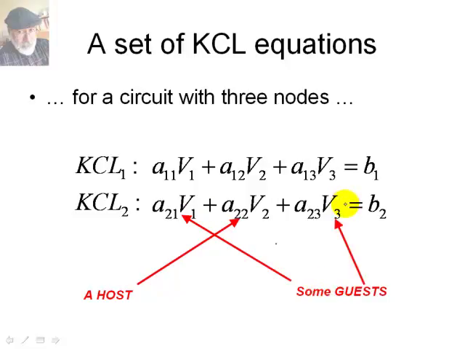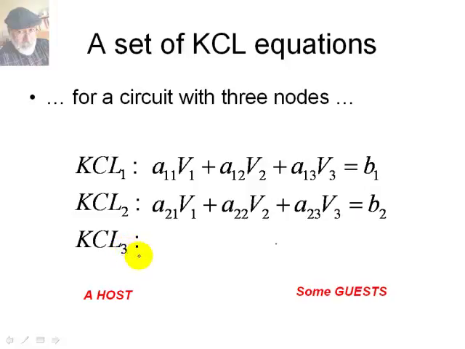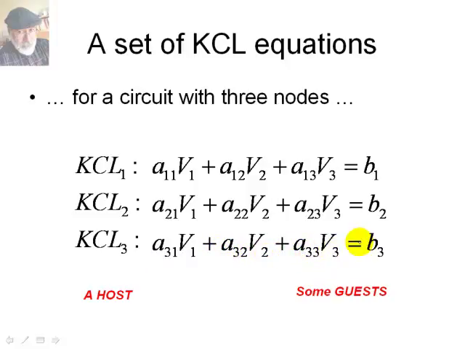Now for the third node, we write KCL3. Again the equation has the same shape: a coefficient times V1, plus another coefficient times V2, plus a third coefficient A33 times V3, equals an independent number.